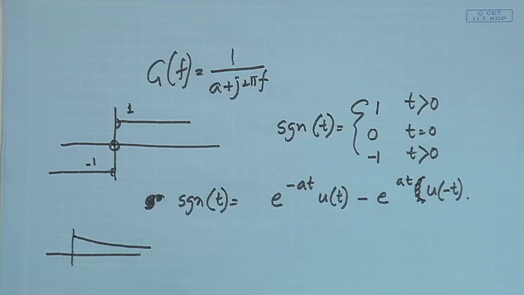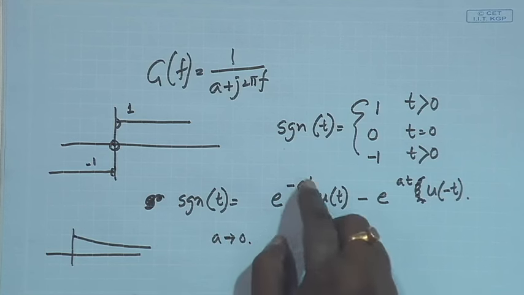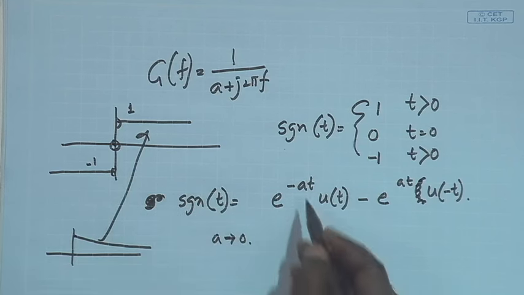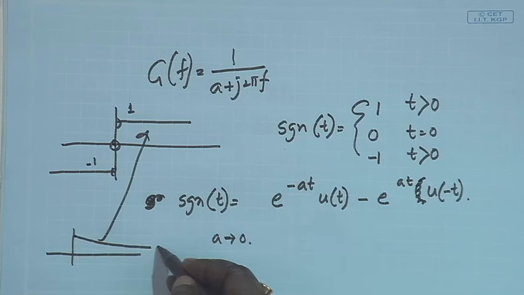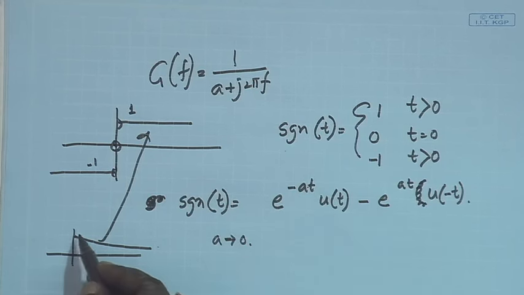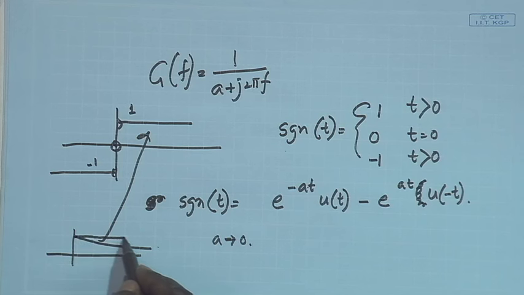Now, in this one, if a tends to 0, what will happen? This particular value will almost become 1, and this will almost mimic the positive half, because the slope of this exponential decay will remain as it is. For every value of t, because a tends to almost 0, this will always become 1. So, this will be very slowly decaying, and it will almost mimic these things.